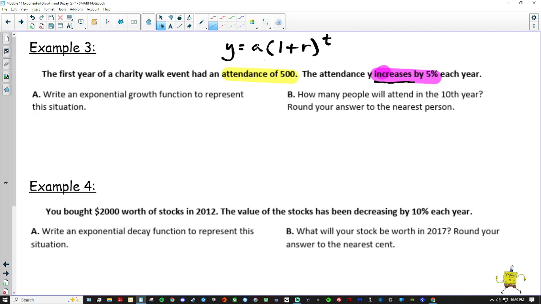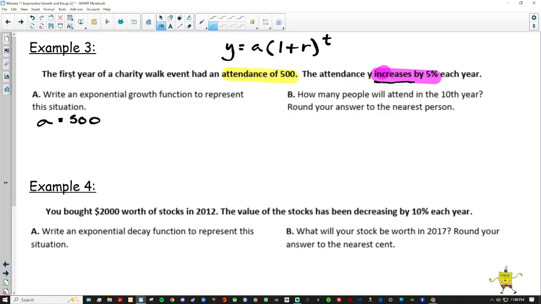Okay, I need to plug in my a, which is my initial value, and I need to plug in my r, which is my rate that we're increasing in this case. Okay, so a, the initial amount. My initial amount in this problem, my a value, is 500. This is how much we started with.